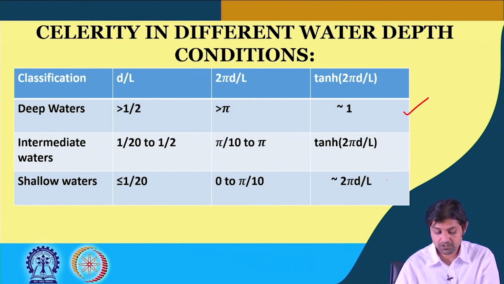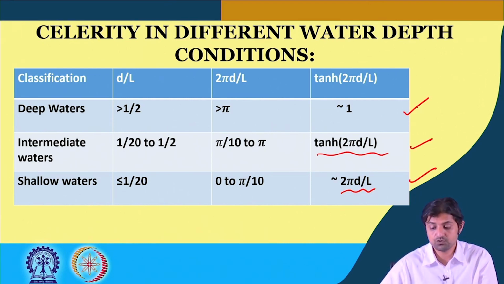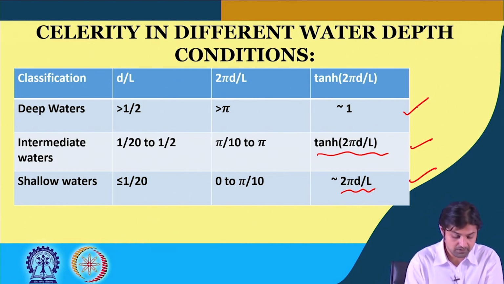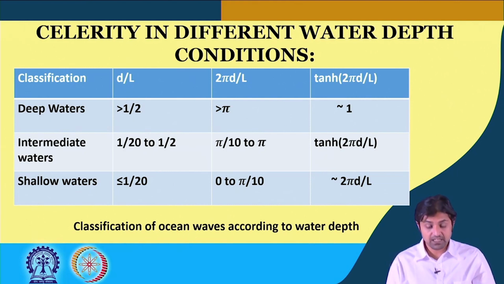For shallow waters, if 2 pi d by L is 0 to pi by 10, we can approximate tanh as 2 pi d by L. In case of intermediate waters it will remain the same, tanh 2 pi d by L. So, these are the three values of tanh 2 pi d by L that we get. And this is the classification of ocean waves according to the water depth: deep water, intermediate water and shallow waters.